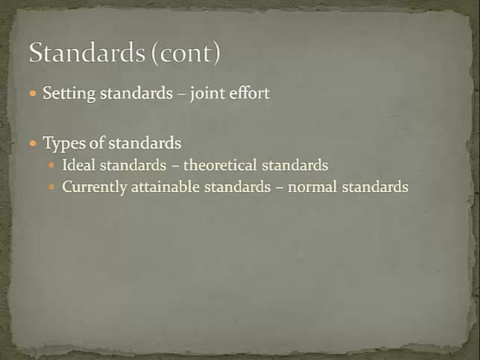A normal standard is something that's a currently attainable standard under your normal or your expected operating conditions. Okay? So some people go for this idea that ideal standards are better because it's a shoot-for-the-stars kind of mentality, that you give people this ideal standard and that will increase productivity and people will have this high goal to achieve and try to aim for.